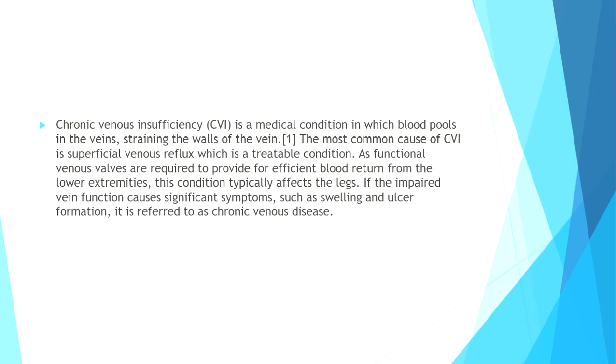The most common cause of chronic venous insufficiency is superficial venous reflux, which is a treatable condition. As functional venous valves are required to provide for efficient blood return from the lower extremities, this condition typically affects the legs. If the impaired vein function causes significant symptoms, such as swelling and ulcer formation, it is referred to as chronic venous disease.